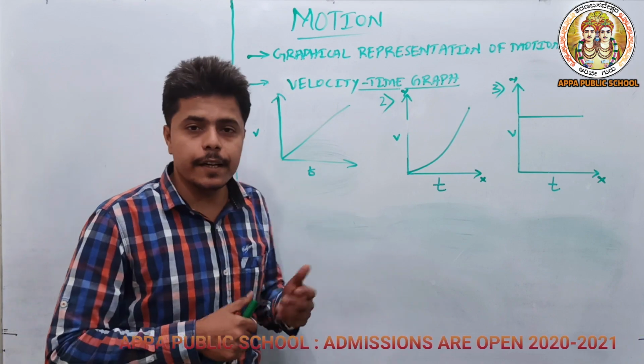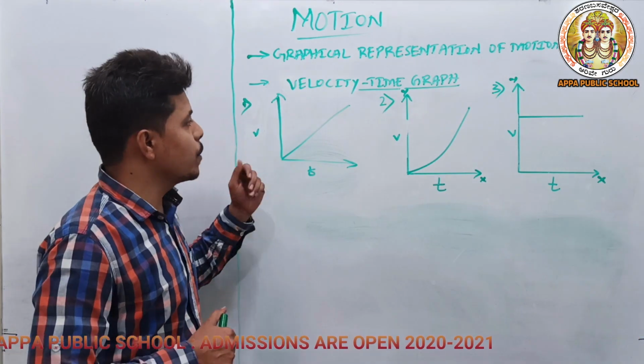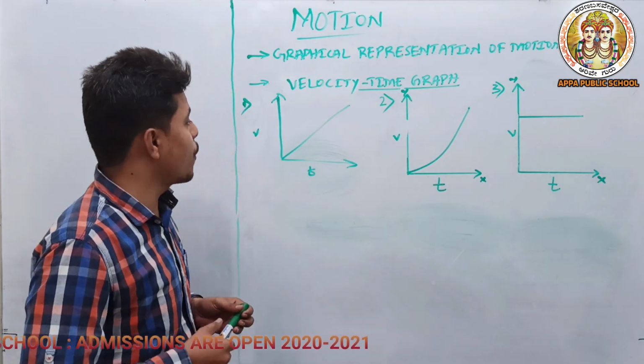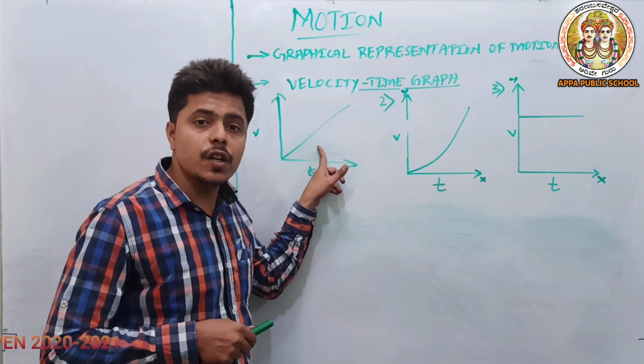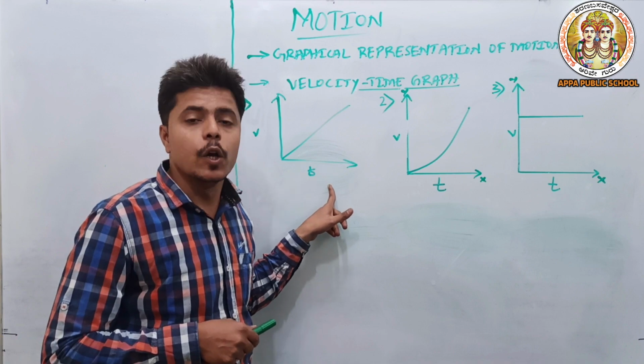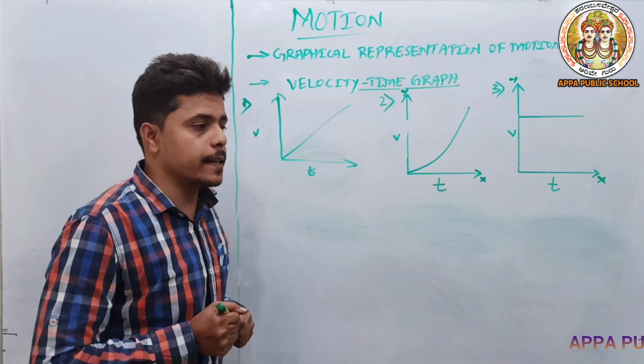Here we have three different types of velocity time graph. The first one you can see is the same as uniform acceleration. What do you mean by uniform acceleration? The rate of change of velocity with respect to time is the same. So we can say it is a uniform acceleration.